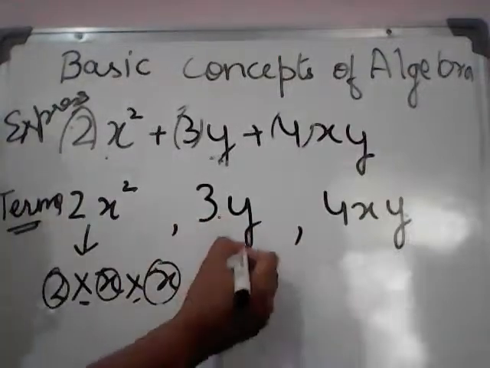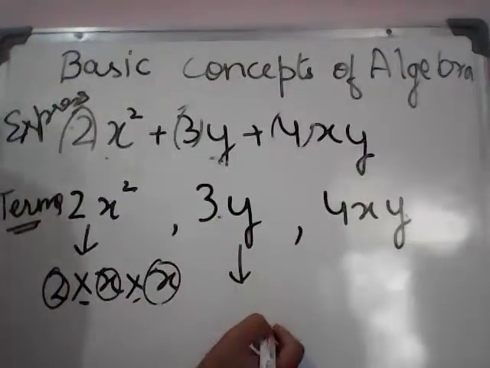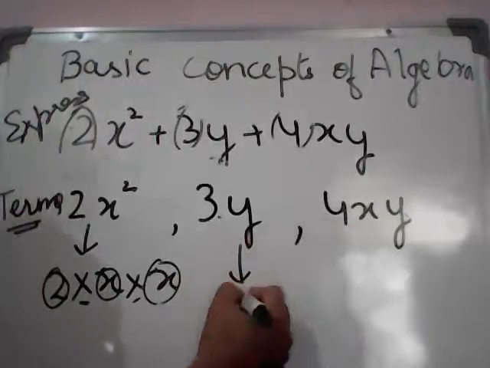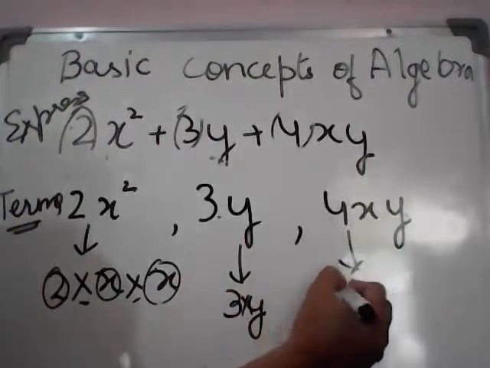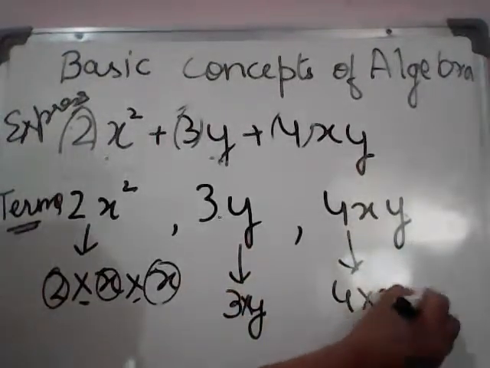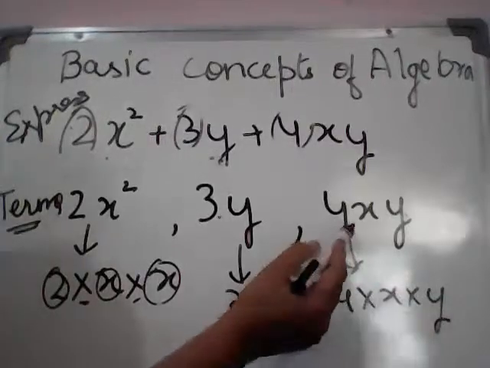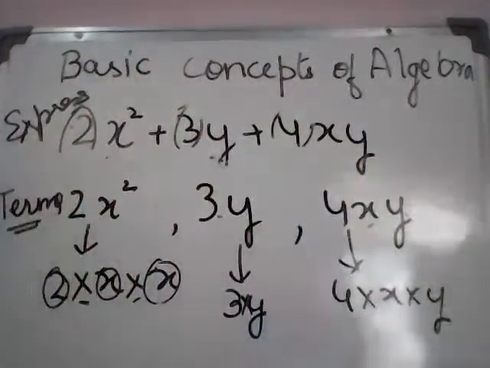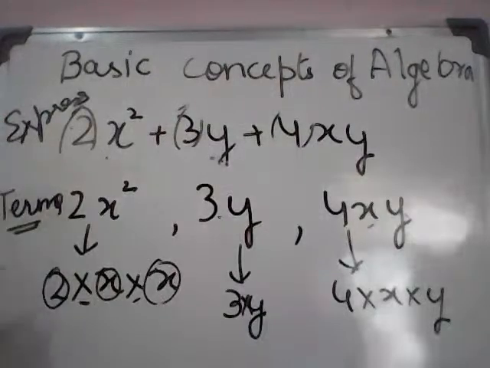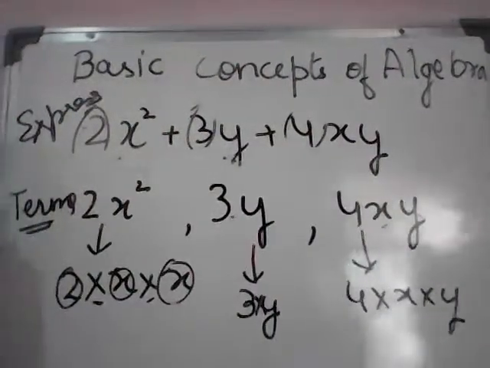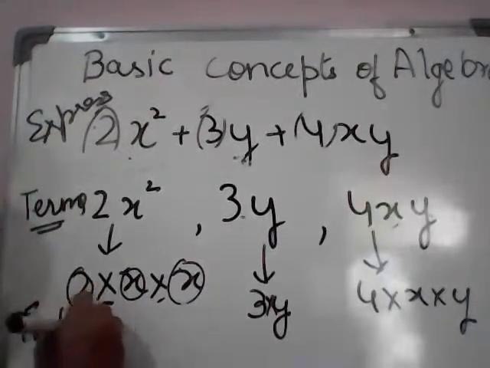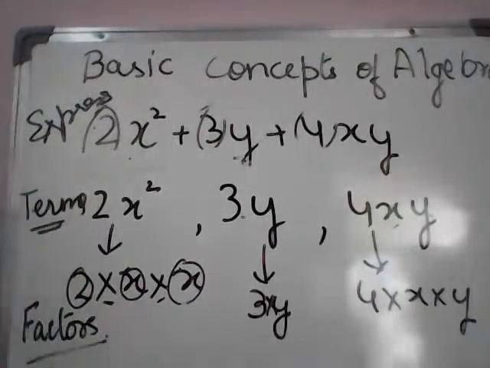And 3y has two factors, 3 and y. This 4 into x into y also has three factors: 4, x and y. So expression, terms, and these are factors of terms. You can note it down.